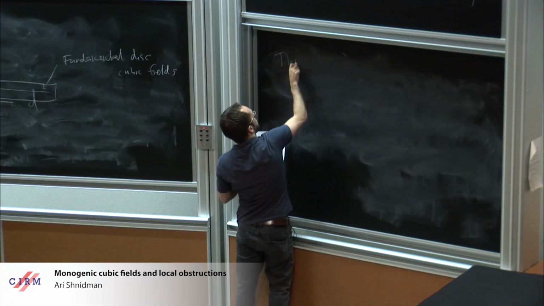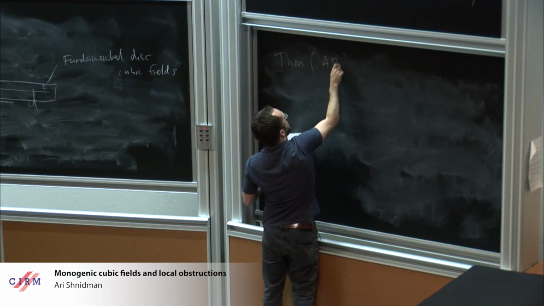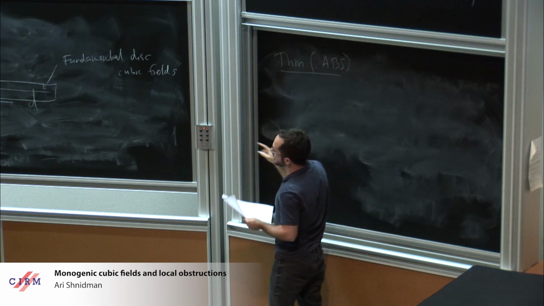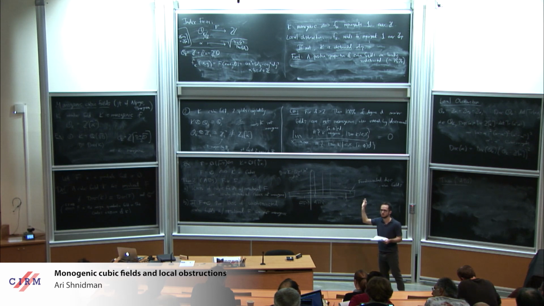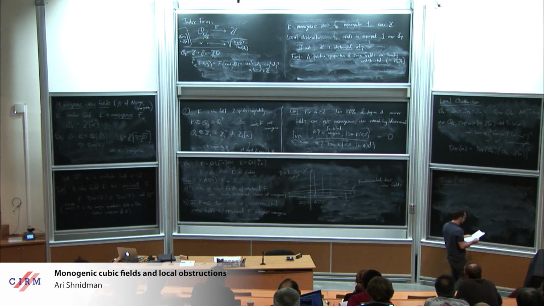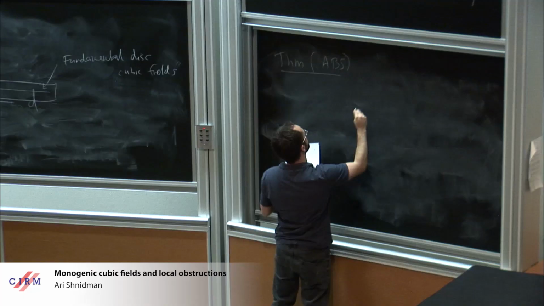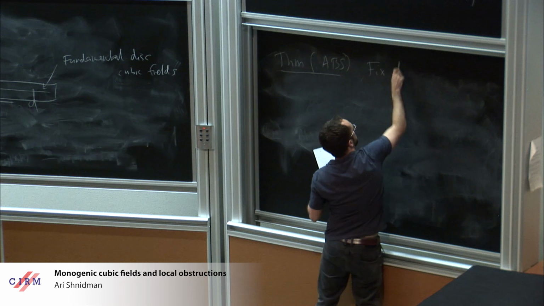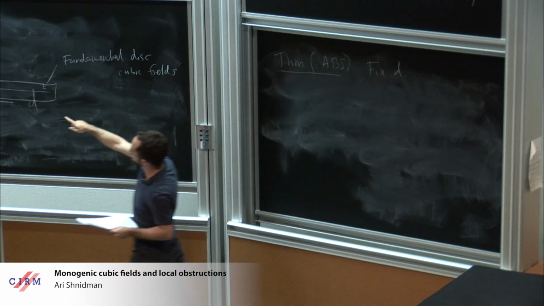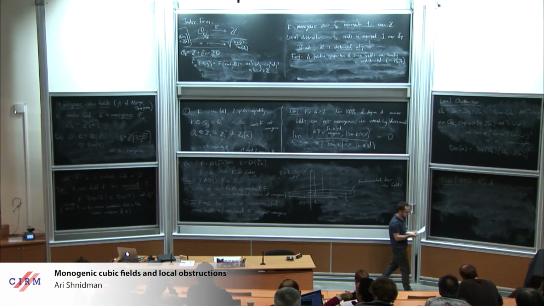This is actually an ingredient in the second theorem, which is in some sense the harder theorem of these two, as it turns out. And so we're going to look at a family of elliptic curves here. So let's fix D, which you're supposed to think of as being this D. So it's like I fixed the quadratic resolvent.